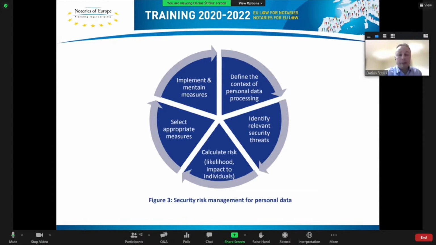We should select appropriate measures and implement them. And it's very important to mention that security risks must be assessed for every information system or for every purpose of processing of personal data. And after that, specific security measures are identified.